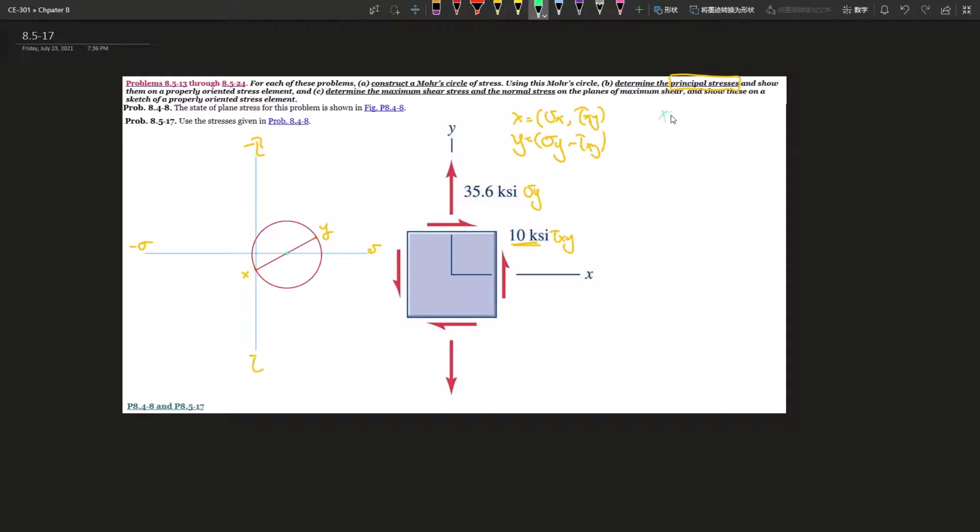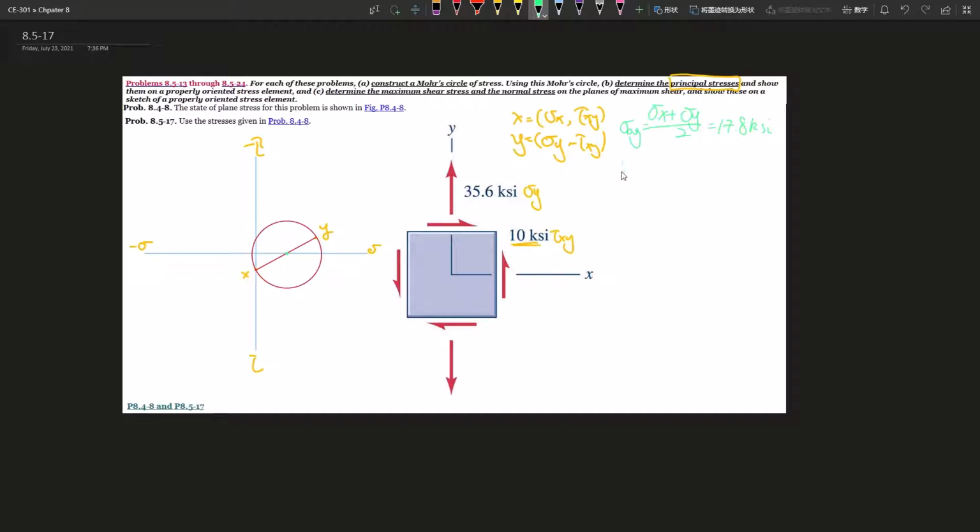So it's the average of sigma x plus sigma y over 2. That's 0 plus 35.6 over 2, which equals 17.8 ksi. So the center is at 17.8 and 0.